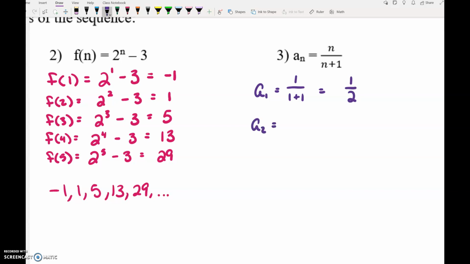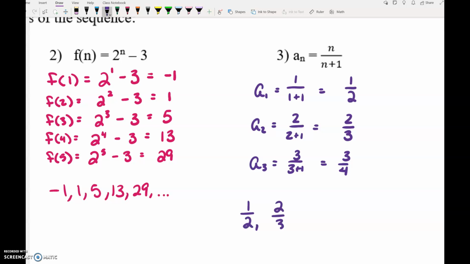Our second term is 2 over 2 plus 1. That would be 2/3. 3 over 3 plus 1, 3/4. You could keep going like that. I'm just going to write them out down here.